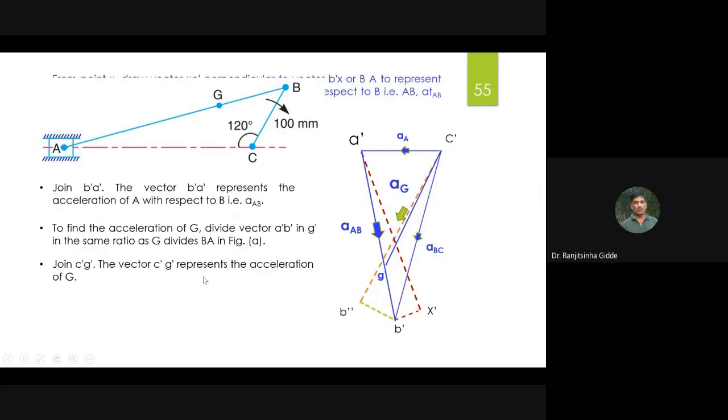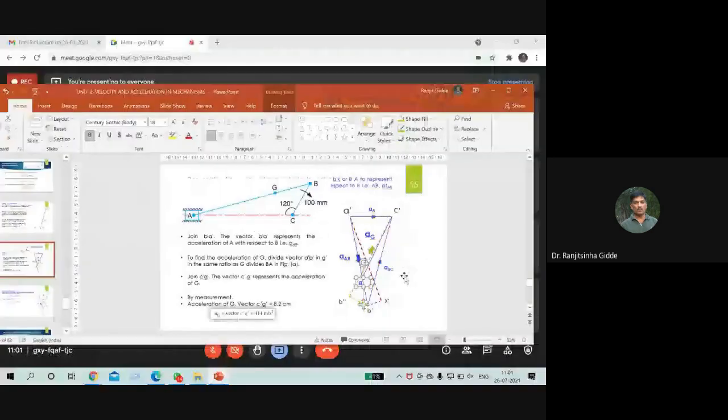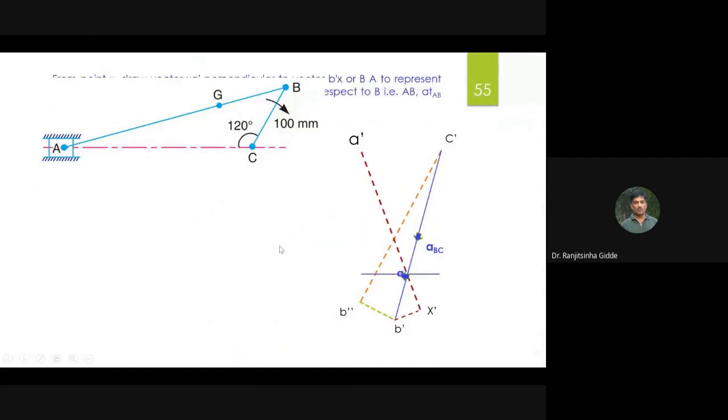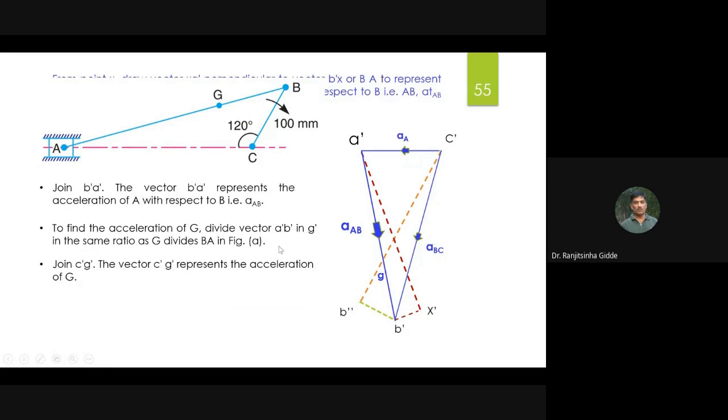Okay. Next line. By measurement, what value do you get now? Acceleration of G is equal to vector C prime G prime, 8.4 centimeter.